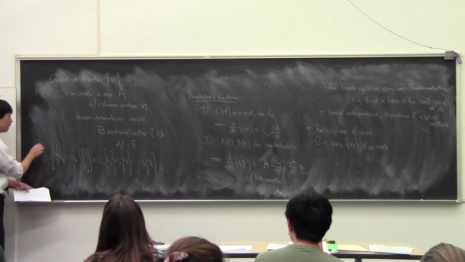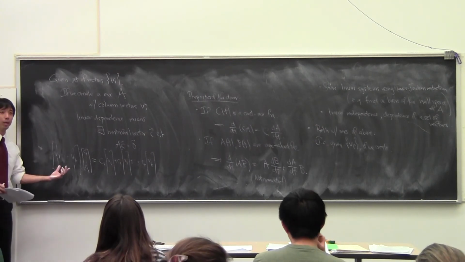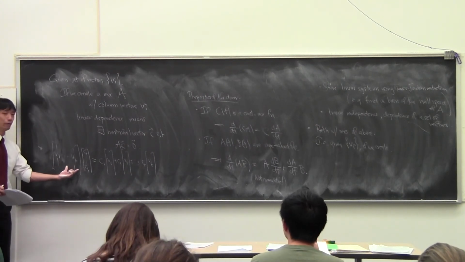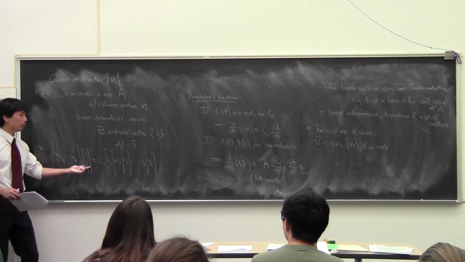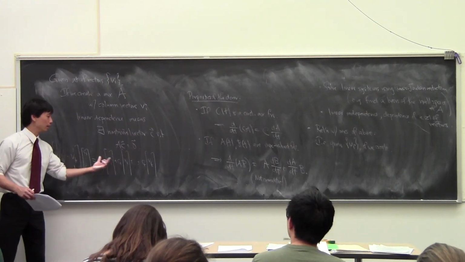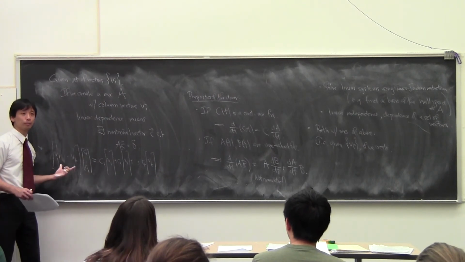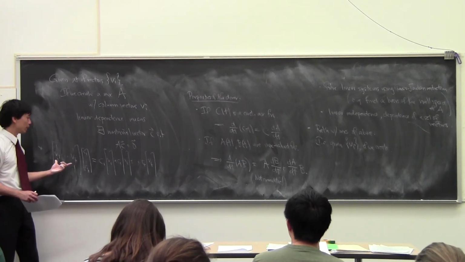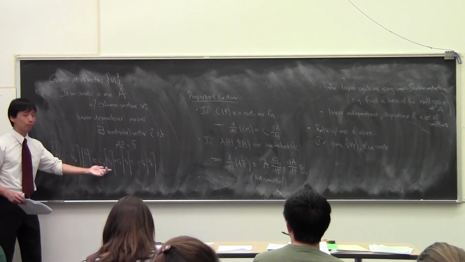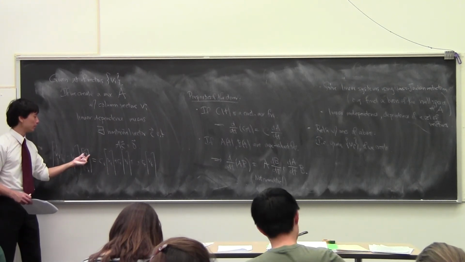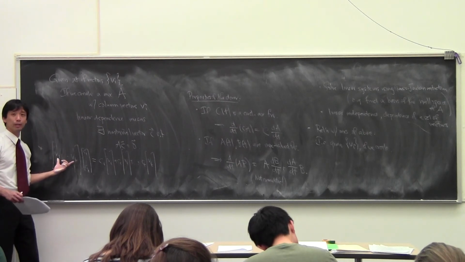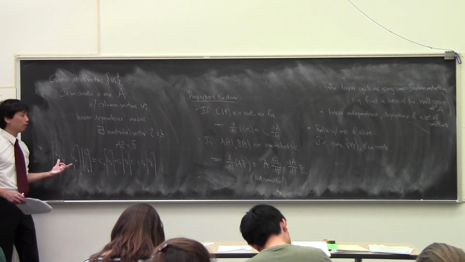Okay, this is the point here. This is the point that matrix multiplication of a vector basically is the same thing as linear combinations of the columns. Matrix multiplication of a vector is the same thing as taking those entries and taking the linear combination of the columns.